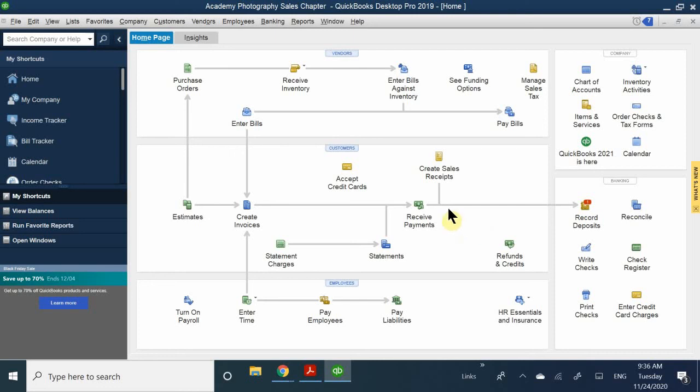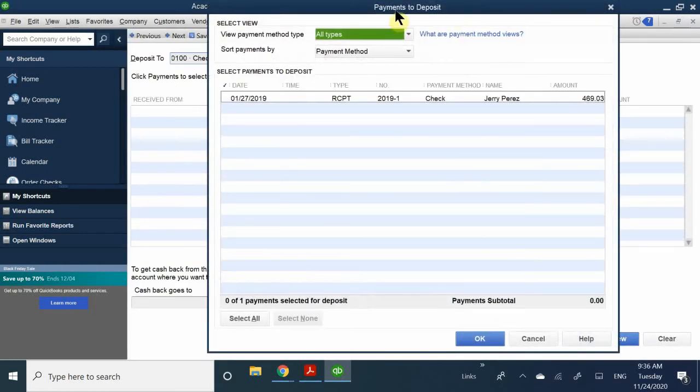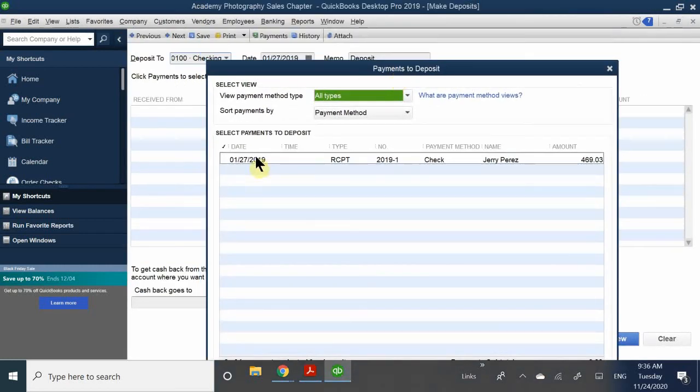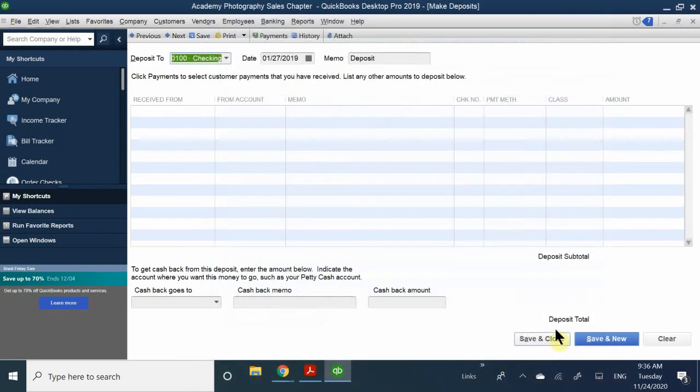But what's going to happen is if you follow this line of transaction, you have this little thing called record deposits. Once you do that, you see here that you have this check from a receipt from Mr. Jerry Perez. Now I'm going to click cancel because I don't want to do the deposits just yet.